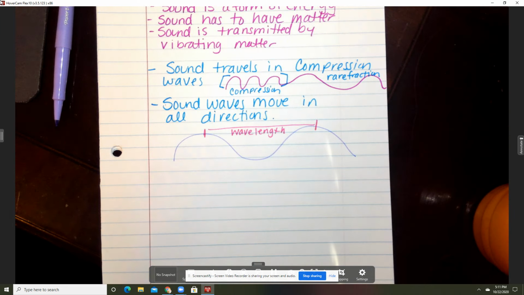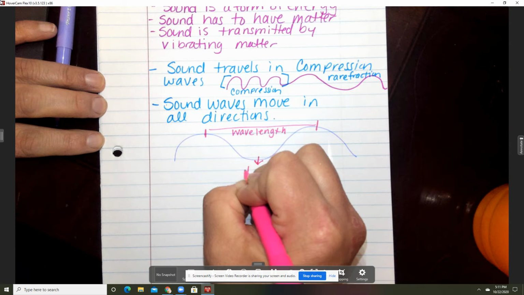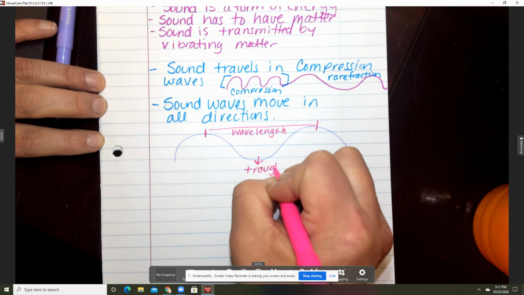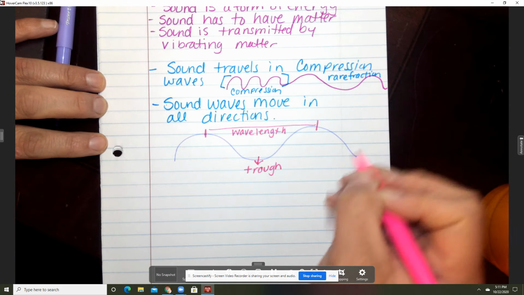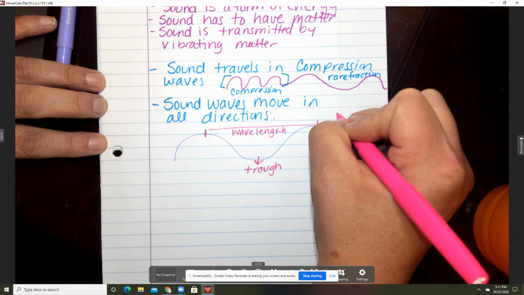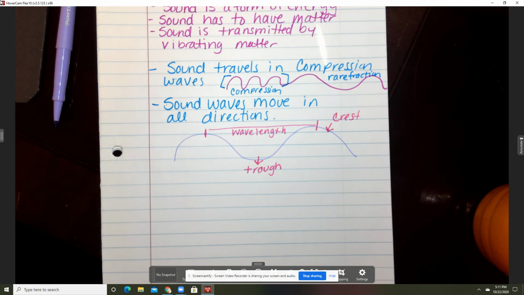And then this is the bottom part of the wave, and this is called a trough. And then this is the top part of the wave, and it's called the crest. If you've ever been to the beach, the waves crest at the very top.